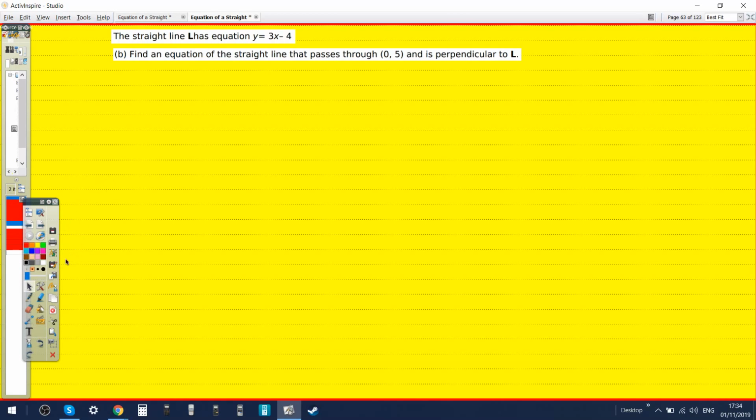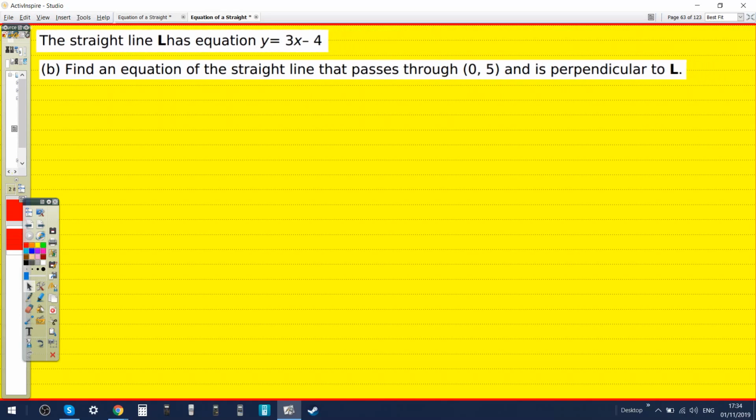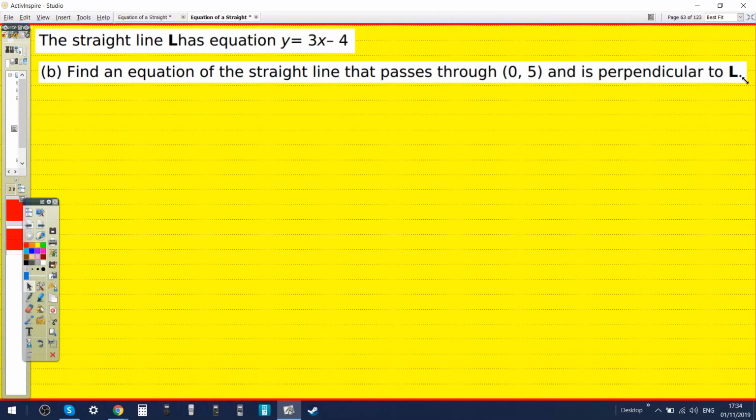Okay, let's try this. Find an equation for straight lines.